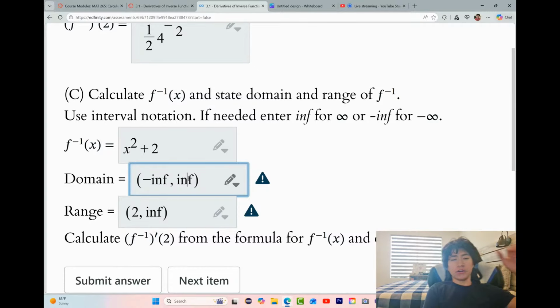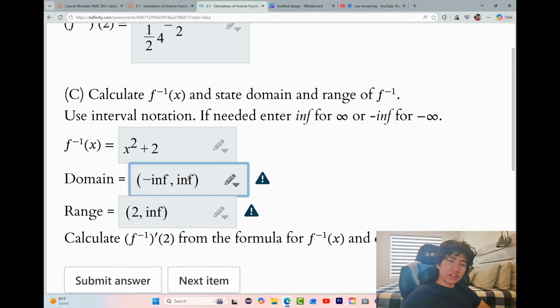Oh yeah, how is that not negative infinity to infinity? I'm confused. I feel so dumb right now. Domain. Negative infinity to infinity. Is there any value that does not work here?